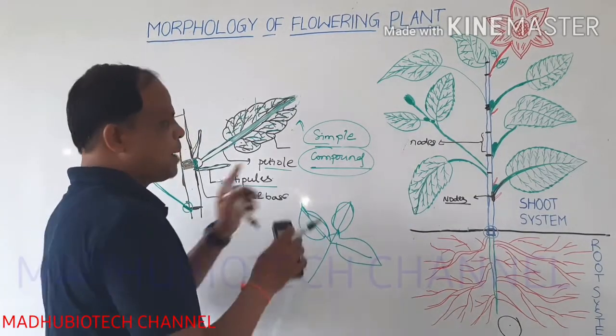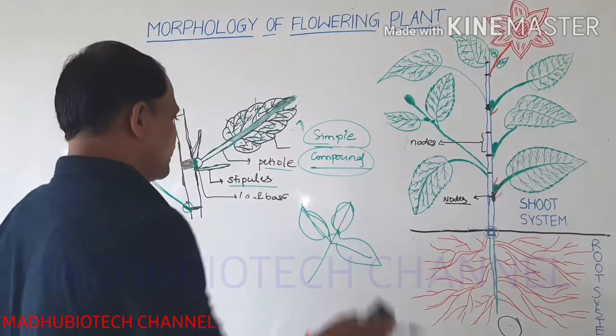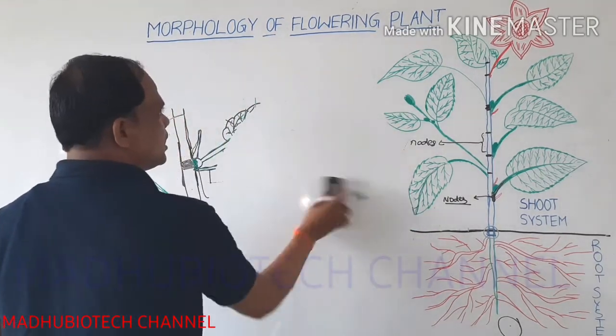That is called a compound leaf. This is the leaf system. Right. And then the next one is the flower.